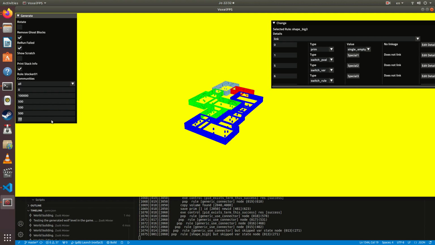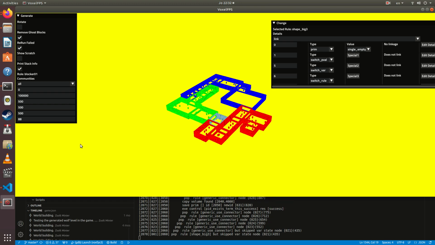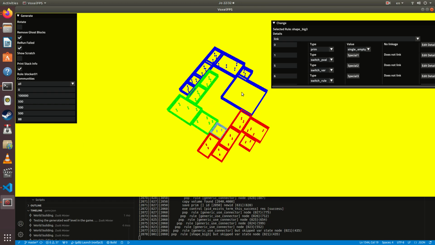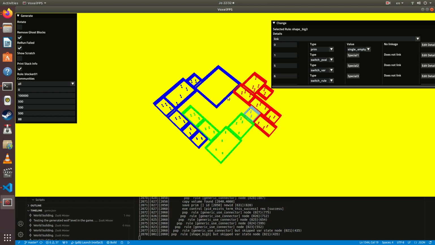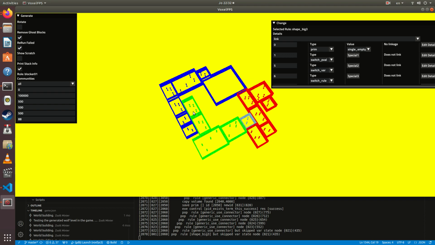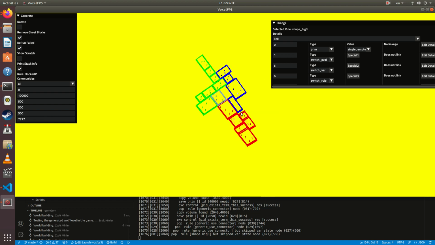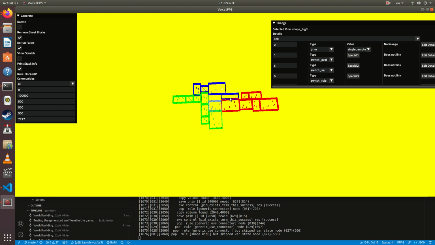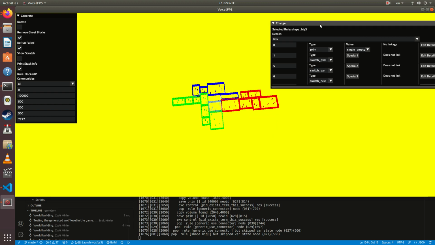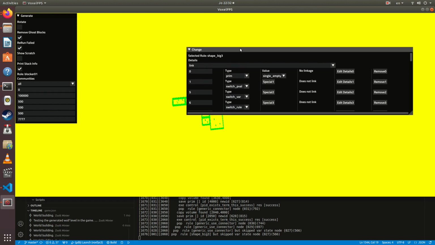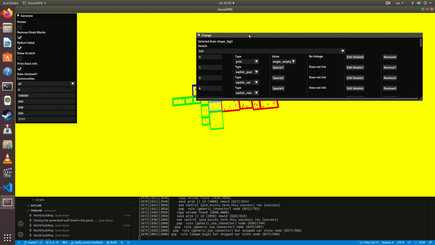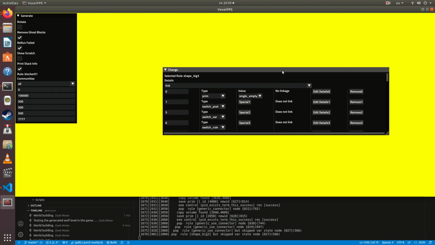But as you can see, sometimes the solutions for the shortcut are not so simple. So I had to edit these rules a lot.